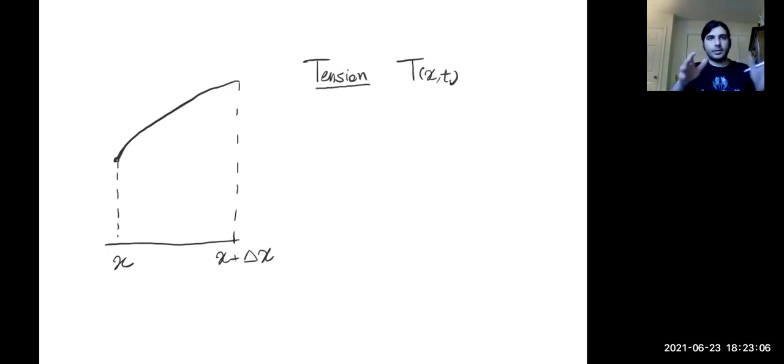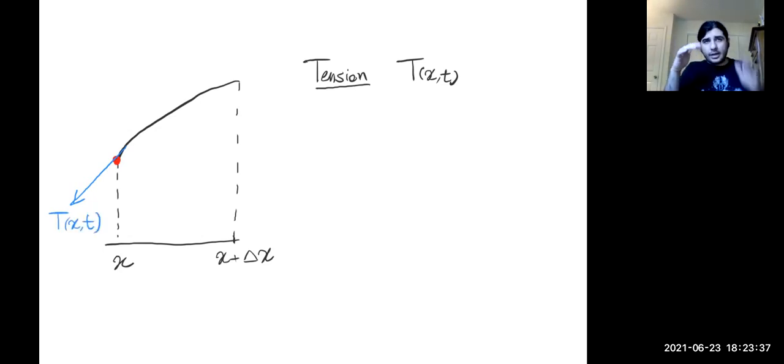The point is that it's a vector. It's not a number. It also shows the direction of the tension. For example, if I look at this point, the tension would be in the direction of the string, tangent to the string at that point. So here, this vector would be T of x and t.